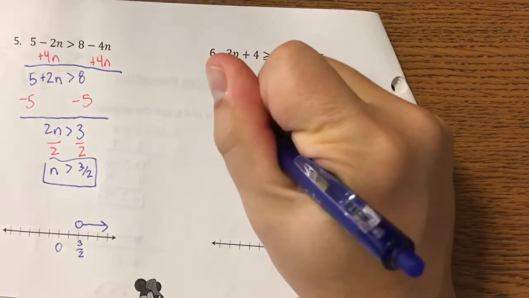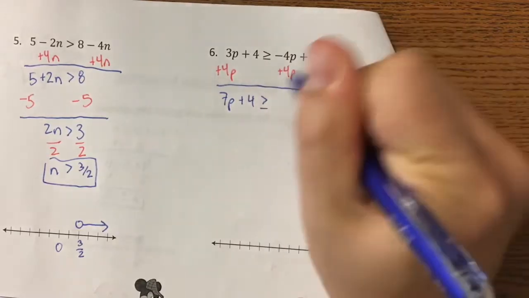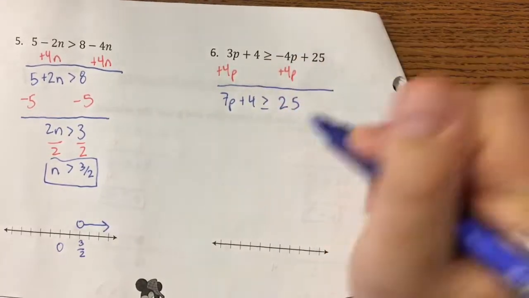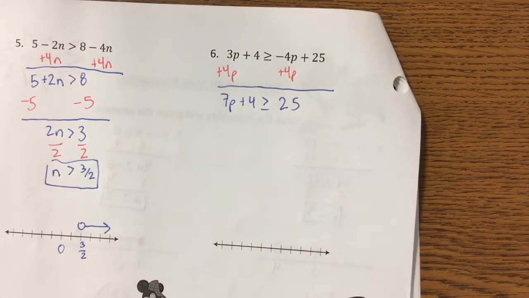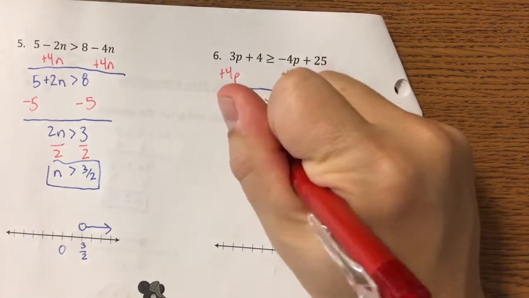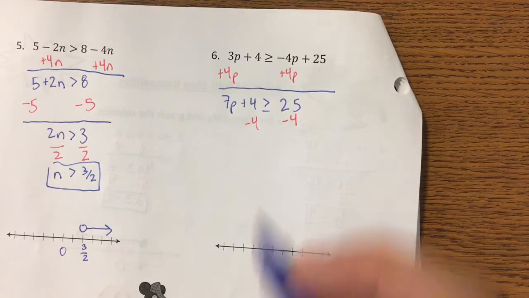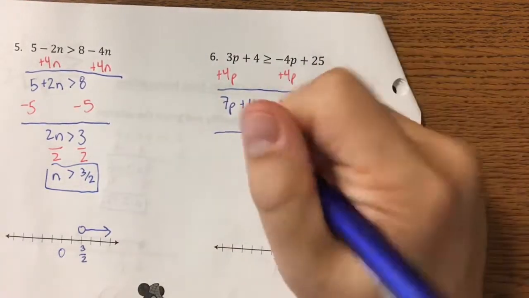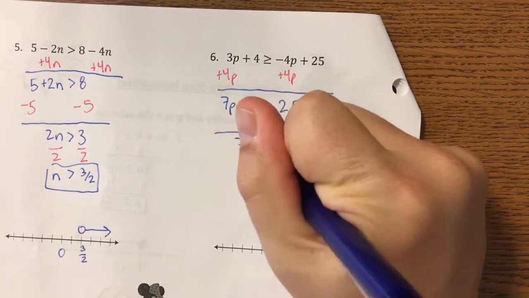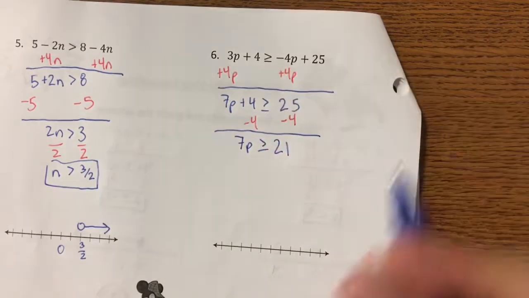So that gives me 7p plus 4 is greater than or equal to 25. So I'm going to subtract 4, which leaves me with 7p is greater than or equal to 21.